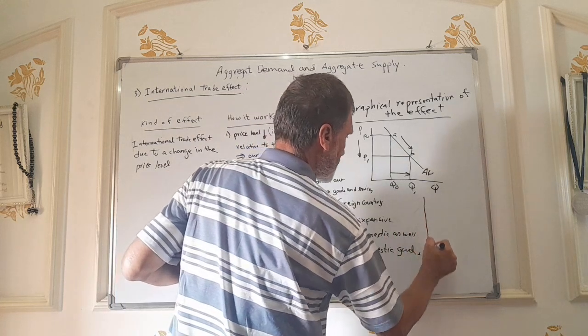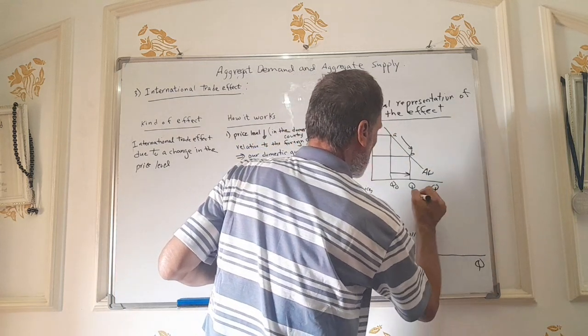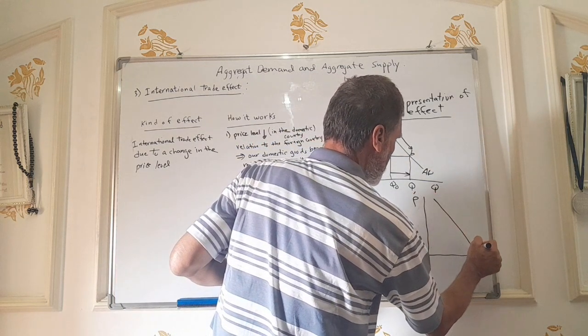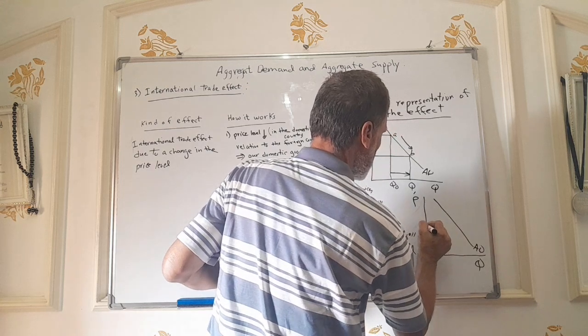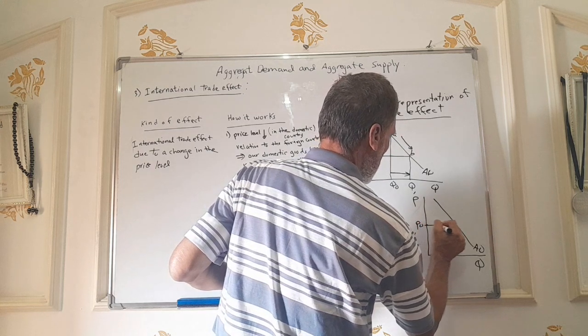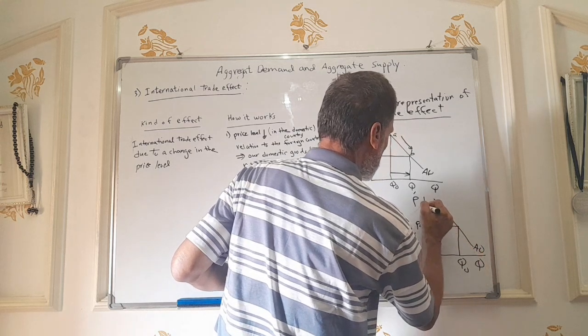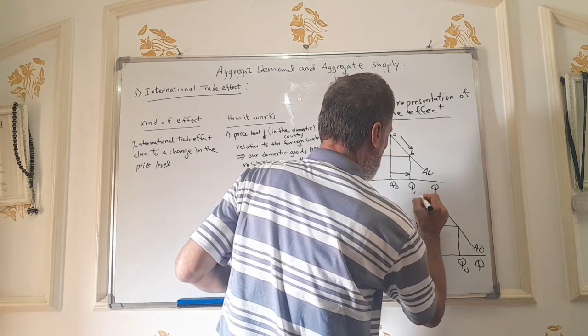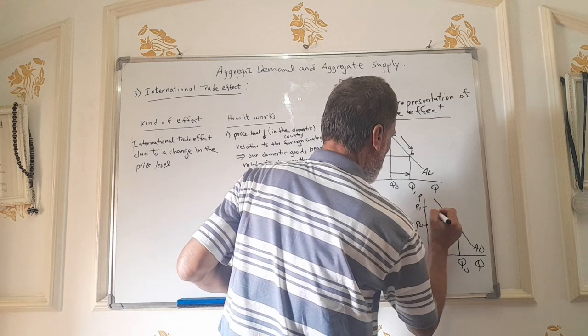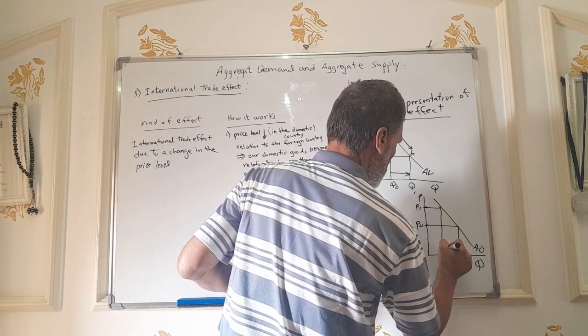So graphically, we could state this one here: price and quantity. This is aggregate demand. This is the original price, and this is how many goods and services you buy. Now, when the price level goes up to P1, it means you buy fewer goods and services.